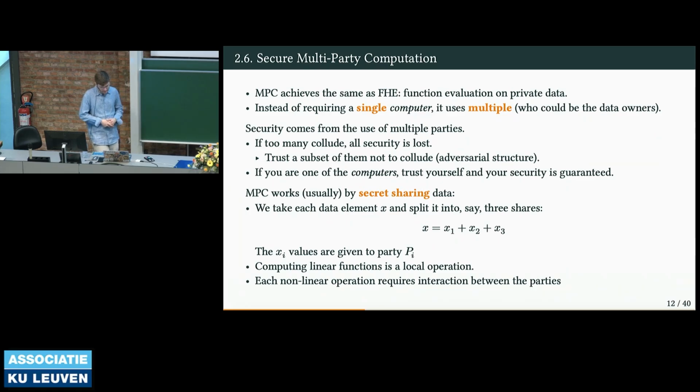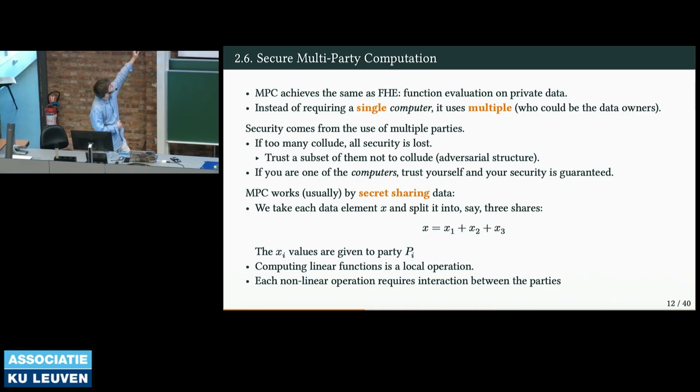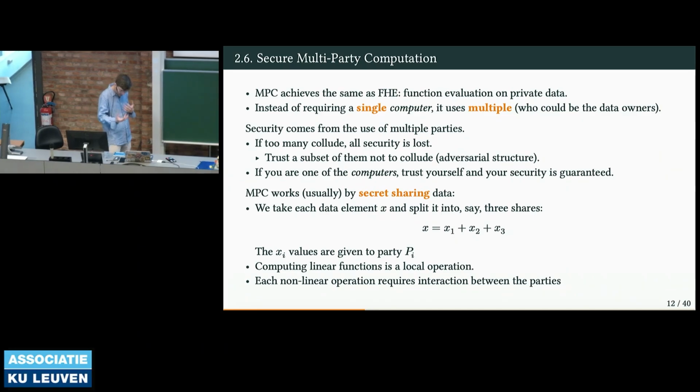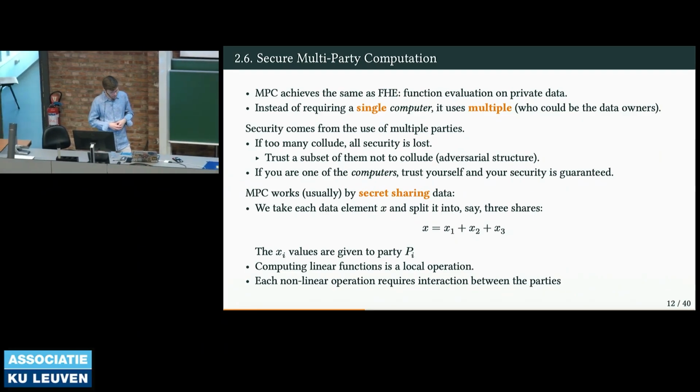The idea is that usually we're going to split the data across the parties so that the individual parties cannot recover enough information. But then you get into a scenario where if too many parties collude and exchange the information that they're not supposed to exchange with each other, you could lose the security, potentially completely.